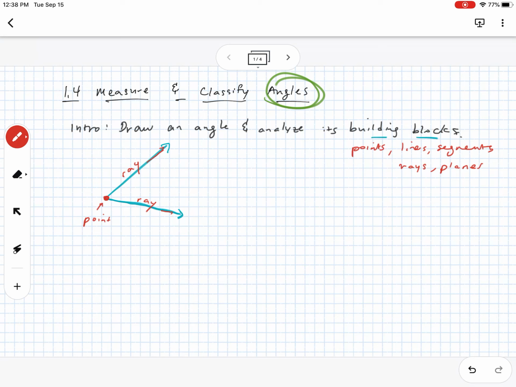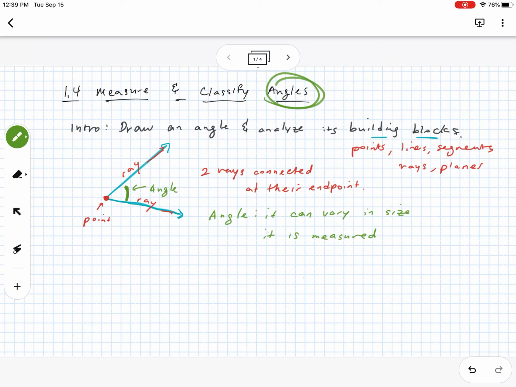So they are connected at this term called a point. And so what we would say is an angle is built up of two rays connected at their endpoint. And an angle, to be specific, is this part right here. So this itself is an angle. An angle can vary in size, and then it is measured.